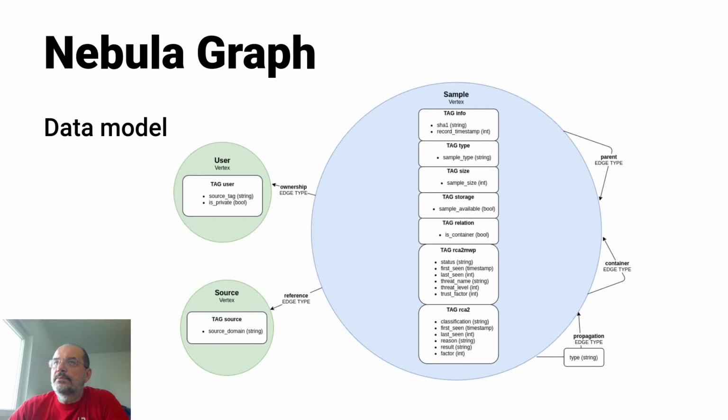We have a record timestamp, which is the time when we receive that file, and some other attributes like type, which is the file type, size, storage, relation, and some specific to our technology, RCA2 information about classification and some dates and timestamps, and some additional metadata about reason and results and factor of threat level of those malicious samples or files.